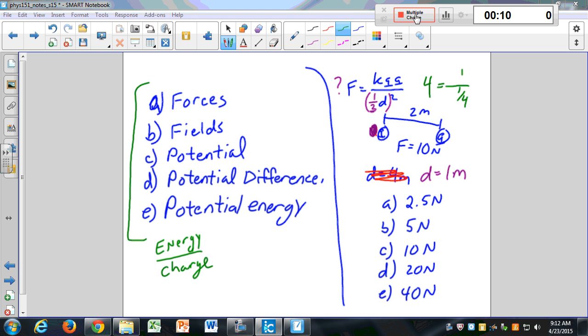Which of those is a measure of energy per unit charge? Many of you have the right answer, so we're about evenly split. I'm going to stop at 42.